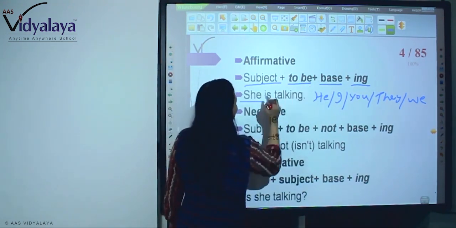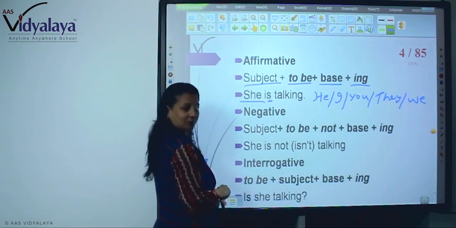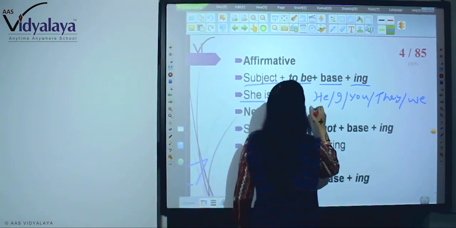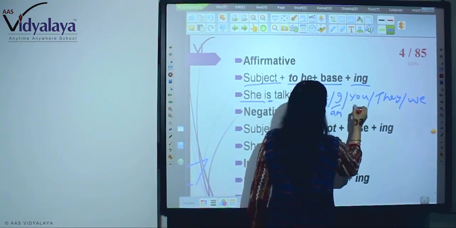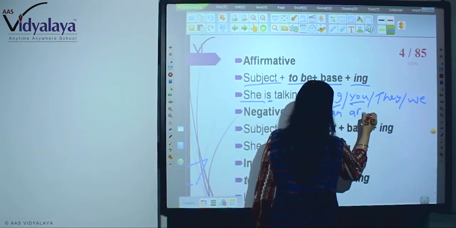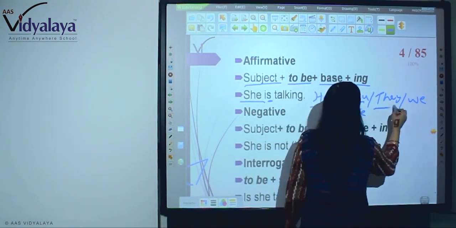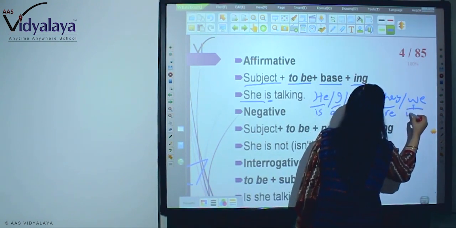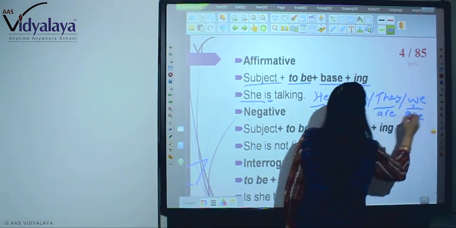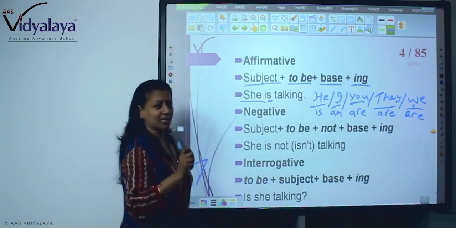Now, to be. Here to be is. So, with he is, with I am, with you are, with they are, and with we and it, is again are. So, to be is changing.